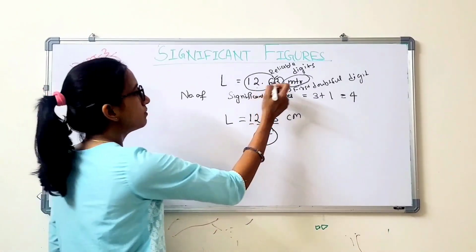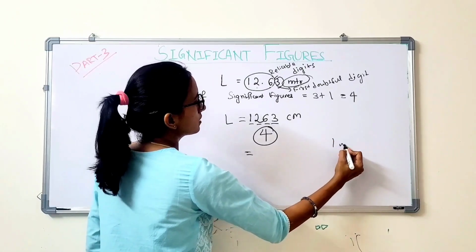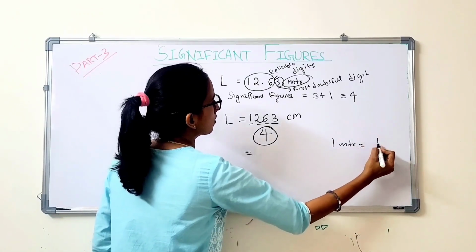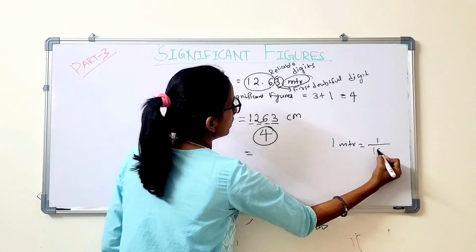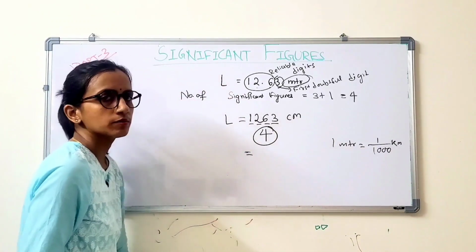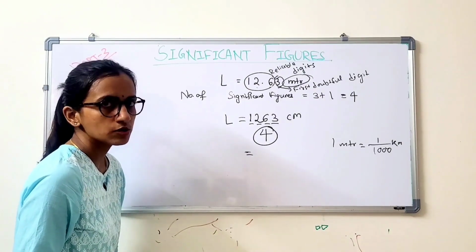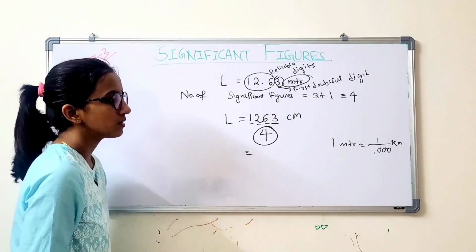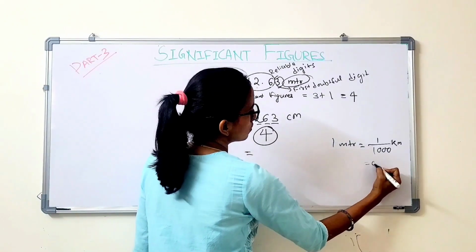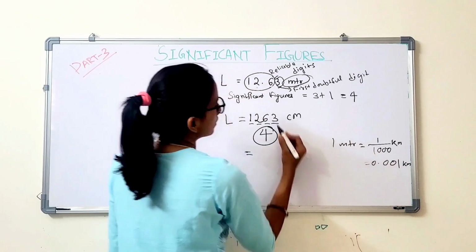Suppose I convert it into kilometers. So 1 meter is how many kilometers? 1 by 1000 kilometer. In 1 kilometer there are 1000 meters. So I'll say that 1 meter is equal to 0.001 kilometer.